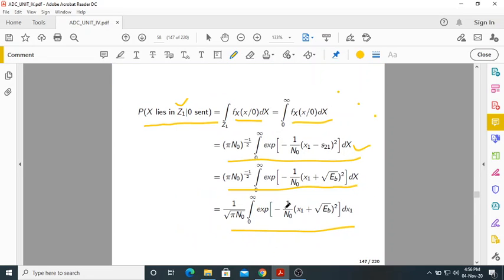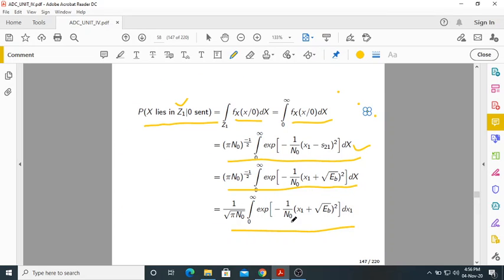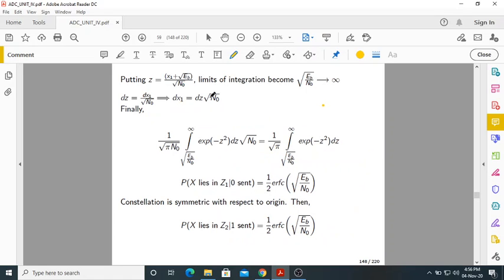Now, we have to simplify this standard expression. So I am writing z equal to x1 plus root eb by root n naught, as some other variable z. Now this is the limit of integration. So finally it becomes like this. So you go through these simple integrals.